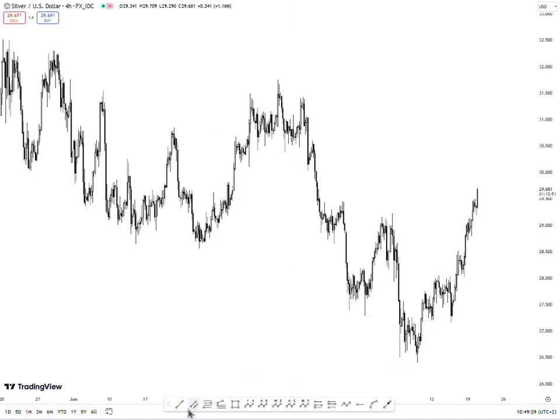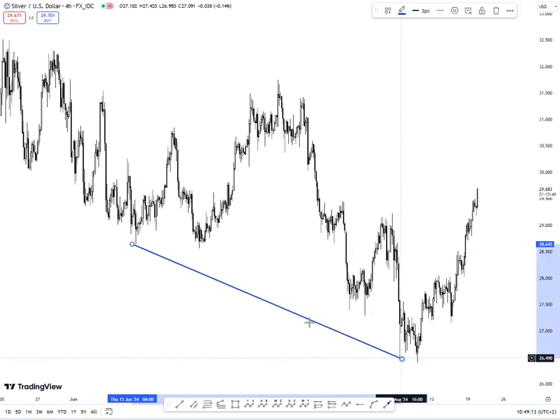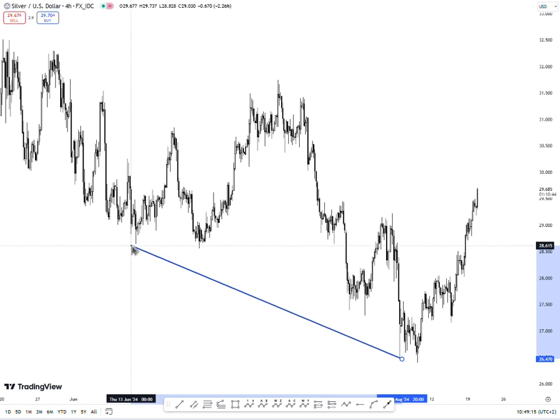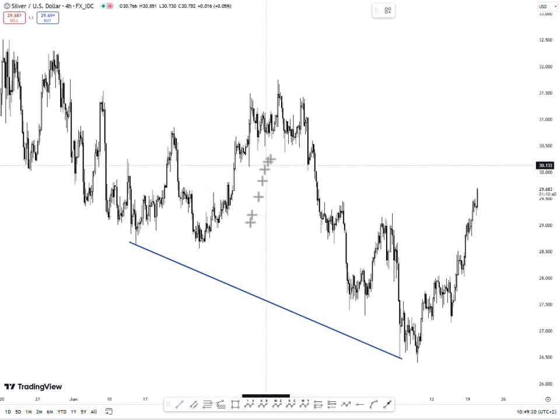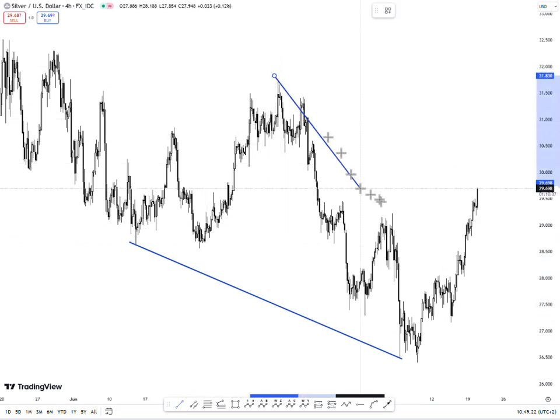So first of all, you can see clearly this is a corrective pattern by the structure of it, and labeling it makes it even easier to see.